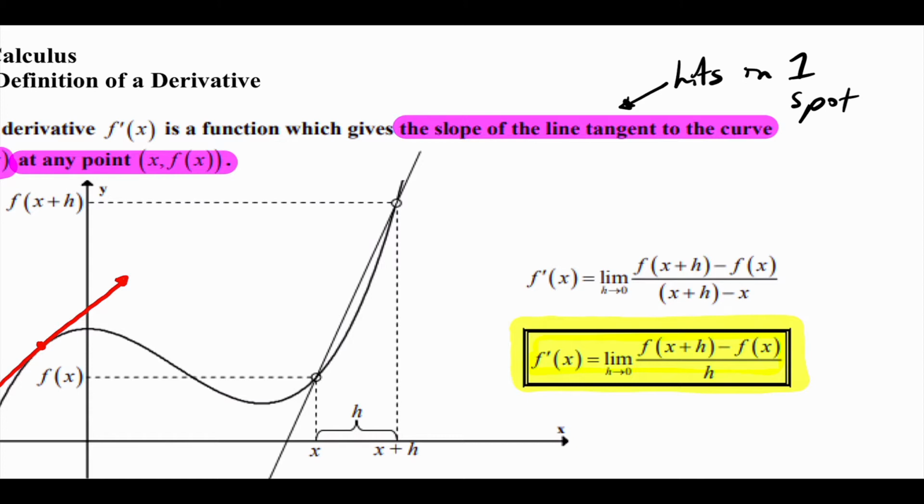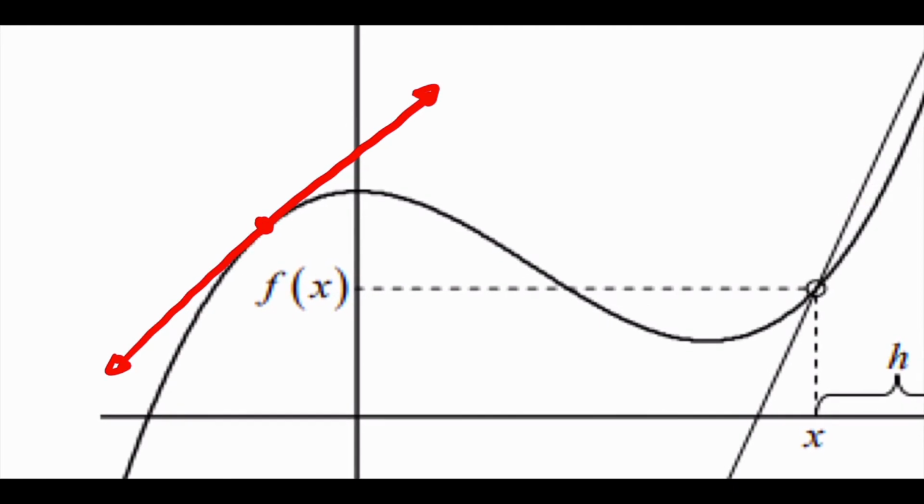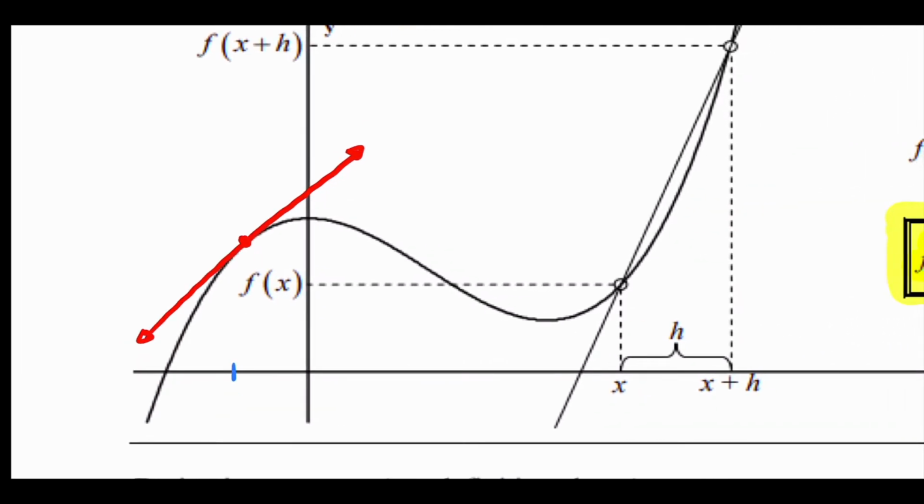So what we're going to spend a lot of time doing is figuring out the slope of these lines. So at this point, let's say this is at A. So at x equals A, the slope of the tangent line would be the slope of this red line.